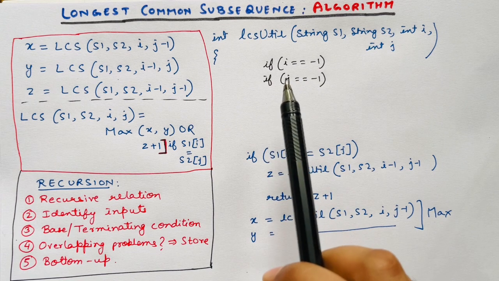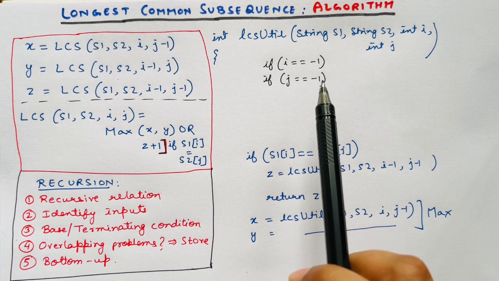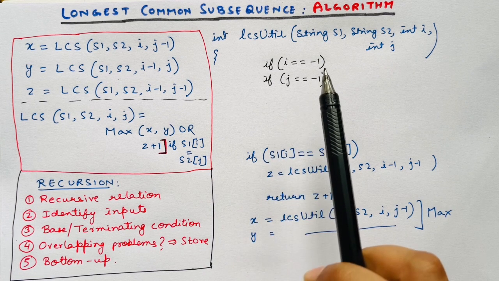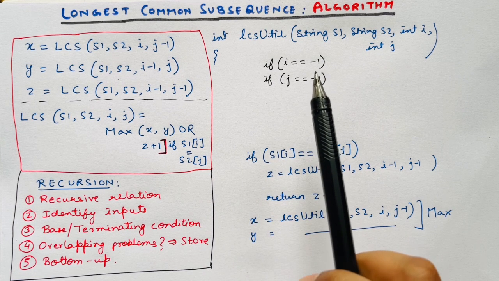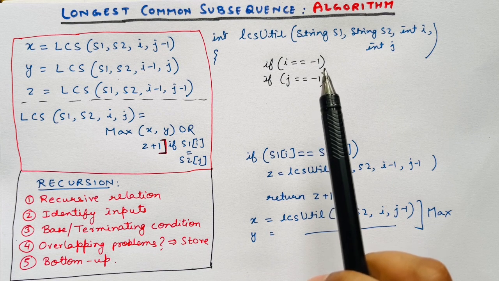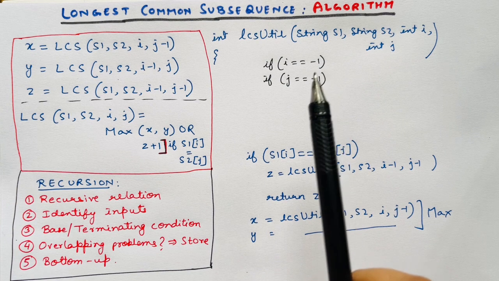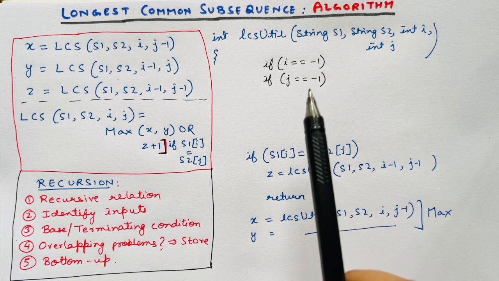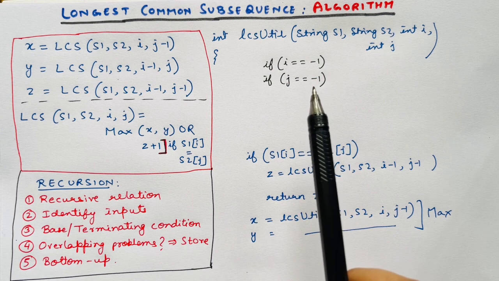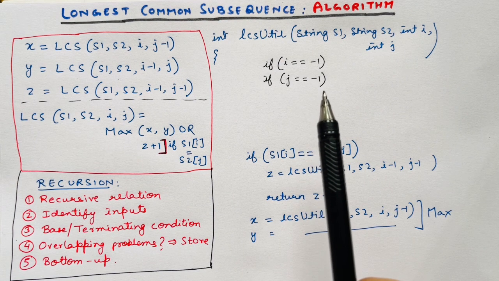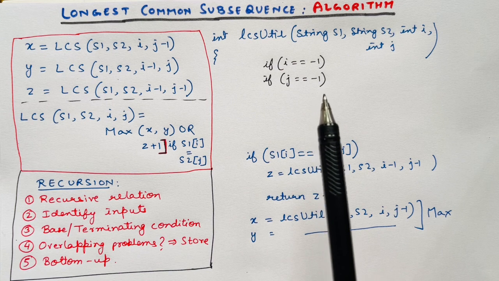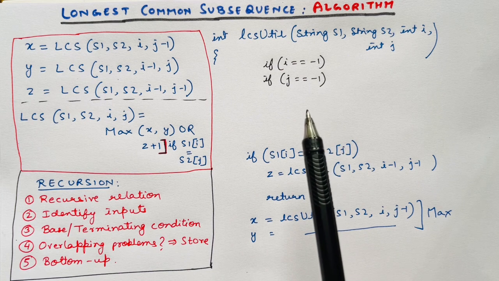It means either i has reached -1 or j has reached -1. Note that this is not 0, because if i is 0, that means there is at least one character in that relevant part of the string. So when either of these becomes -1, that means the relevant part of either string is empty. And what will be the longest common subsequence when one of the strings or one of the relevant parts is empty? It will be 0.